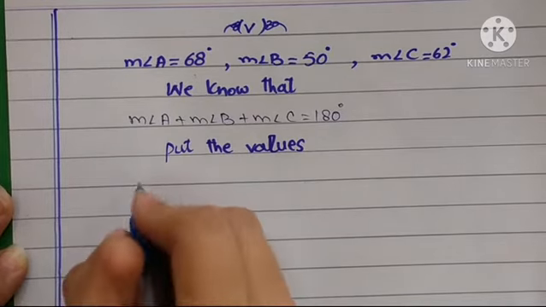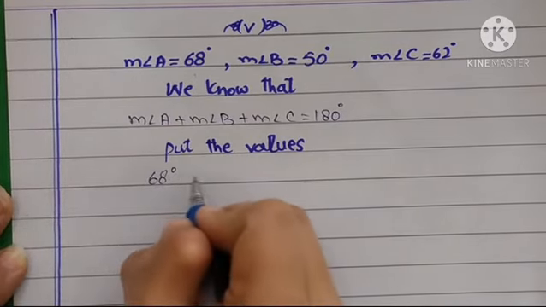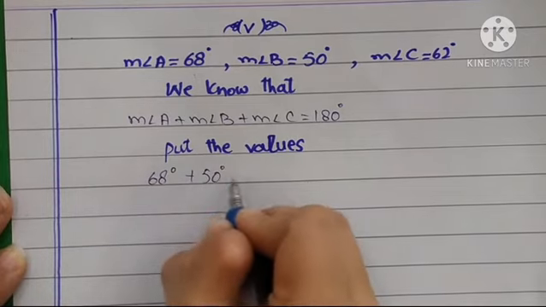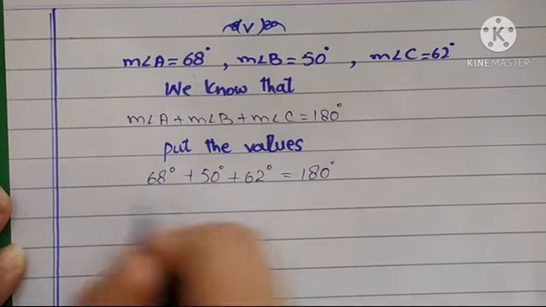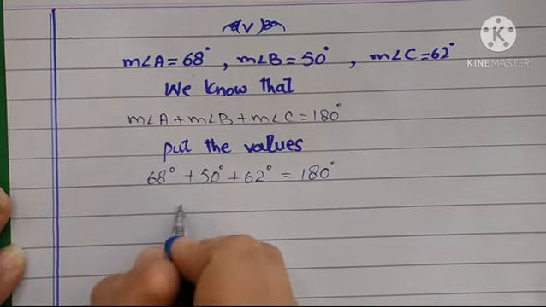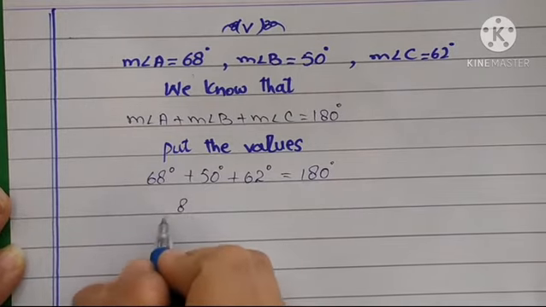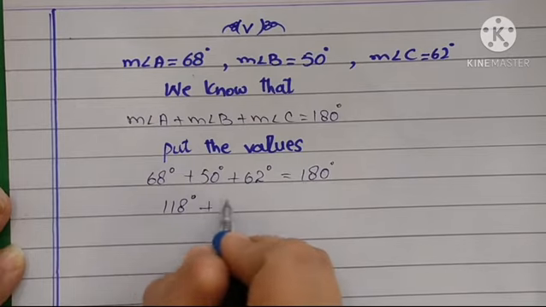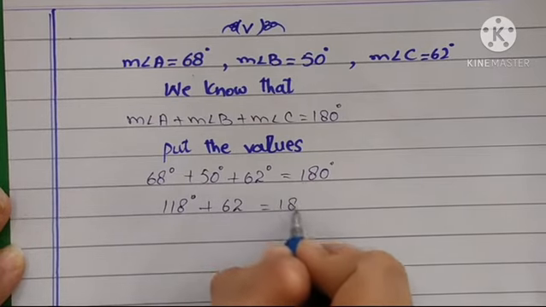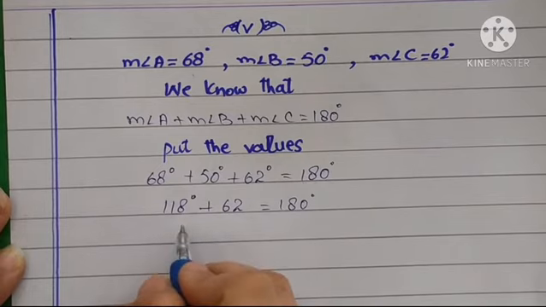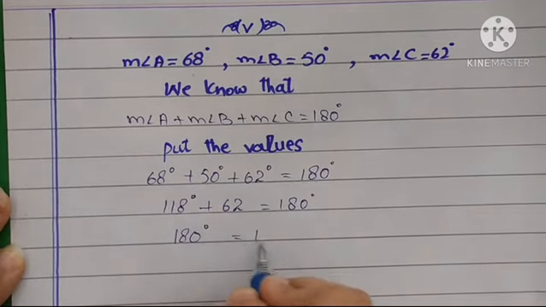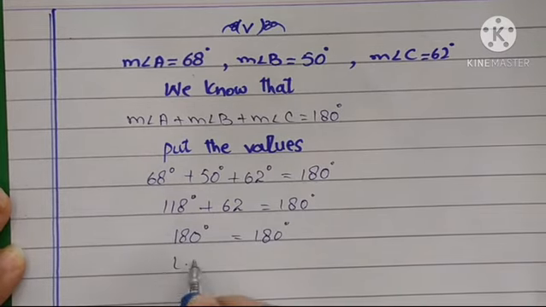After putting the values, we get 68 degree plus 50 degree plus 62 degree is equal to 180 degree. Now I will add these two values. I get 118 plus 62 is equal to 180 degree. Adding these, 8 plus 2 is 10, 0 and 1 carry, 6, 7 and 8 and 1. So 180 is equal to 180 degree.